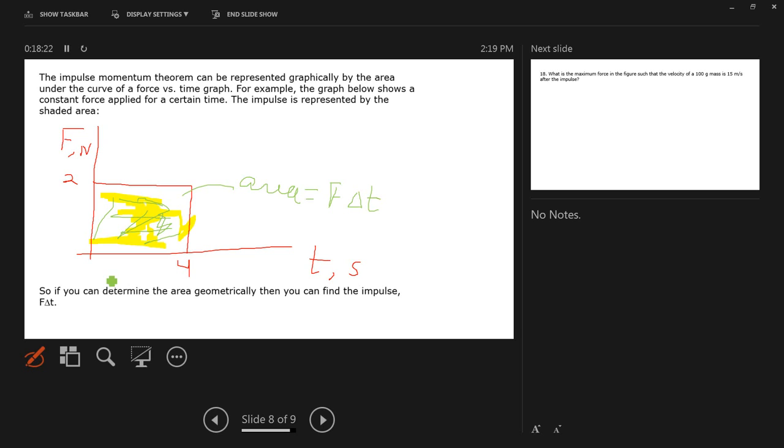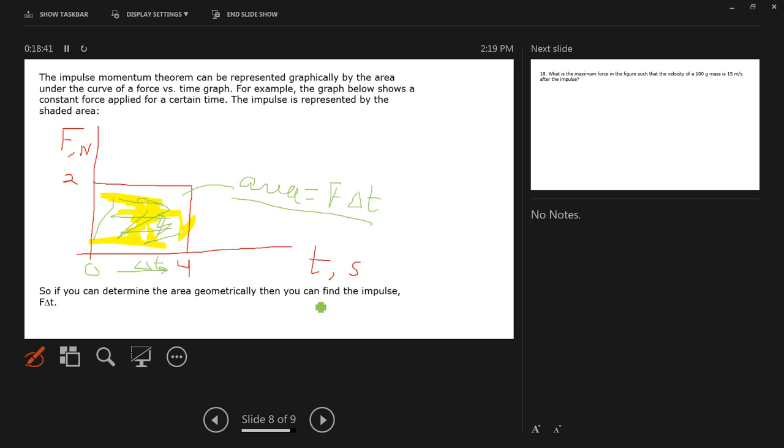Because we're going from, in this case, 0 to 4 seconds, so that's a change in time. So that's a nice visual representation that the area is our impulse, if we've got a graph.